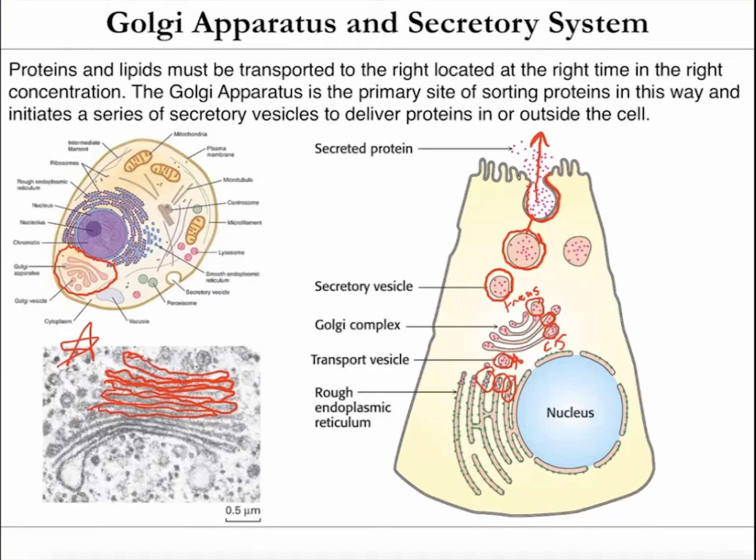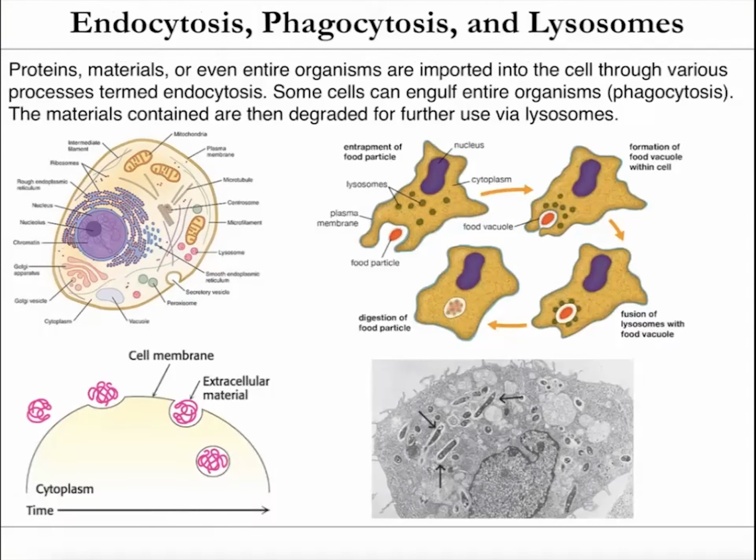So that's the Golgi apparatus, and it's part of the secretory system in determining where proteins go in the cell. So sort of opposite from the Golgi apparatus, cells also have these mechanisms where they obviously need to bring in material from the external environment and then process those within the cell.